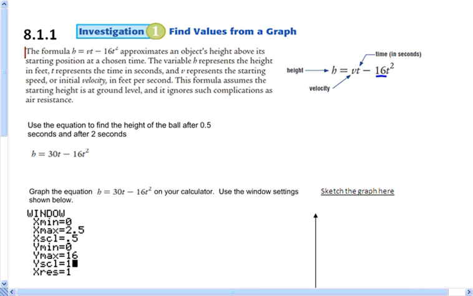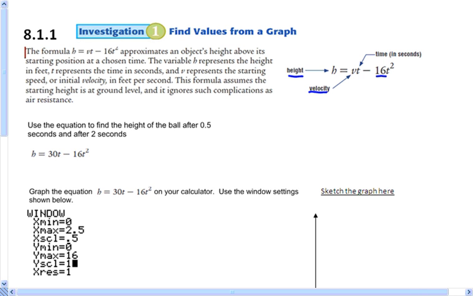A simple quadratic equation shows that an object thrown or shot up can be represented by this equation, where the height is equal to the initial velocity, so how hard you throw it or shoot it, times the time, minus 16 times the time squared. And the minus is the force of gravity pulling it back down. So that's the kind of equation we're going to work with here.